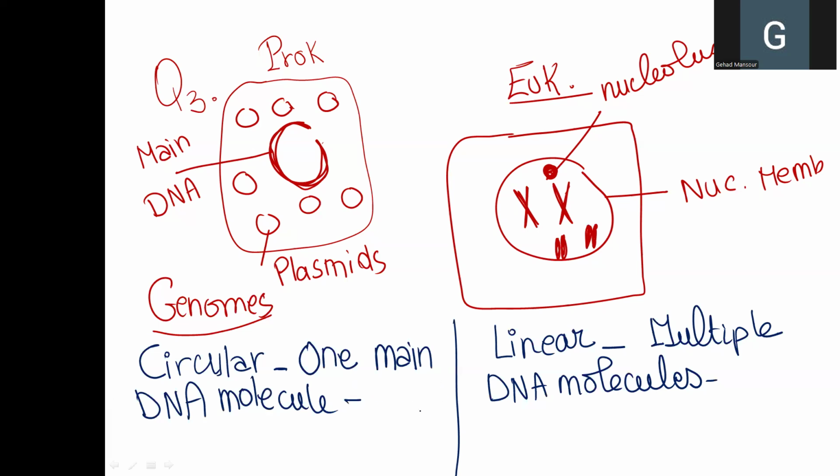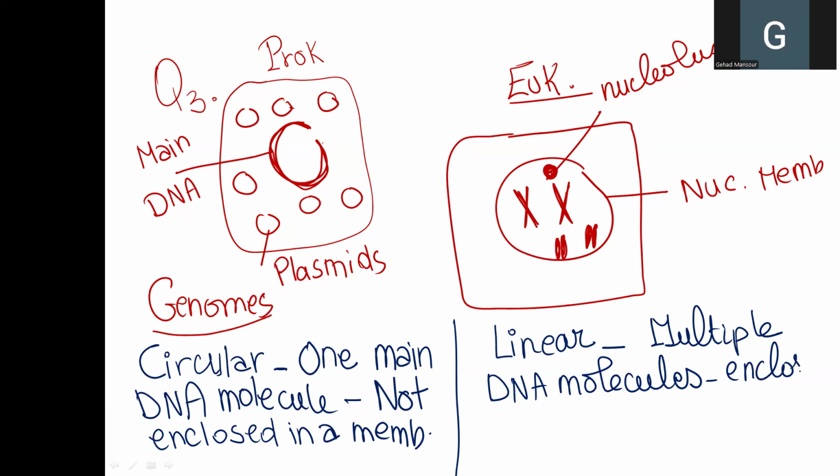In the prokaryotic genome, we said that this single circular DNA molecule is not enclosed in a nuclear membrane. But in the eukaryotic genome, the chromosomes are enclosed in a nuclear membrane.